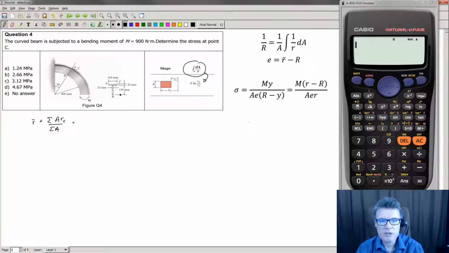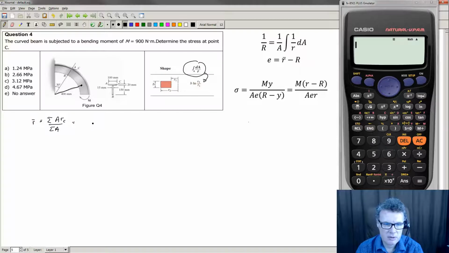Right, so for the lower section here, we need to know what the distance is from here to where the center for the lower section is. So, well, let's start off with its area.